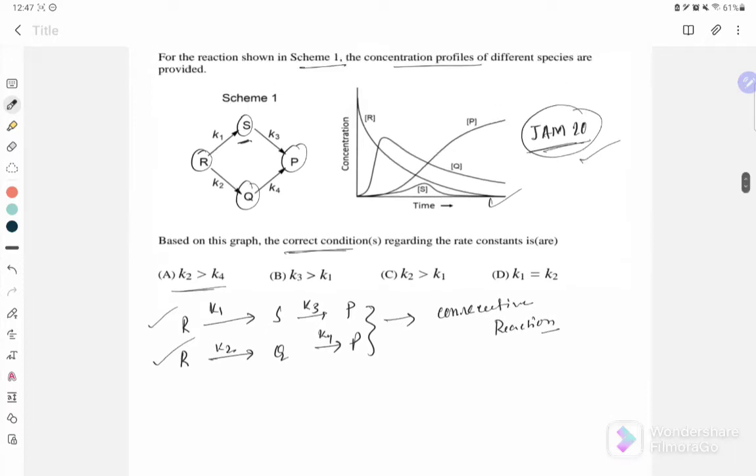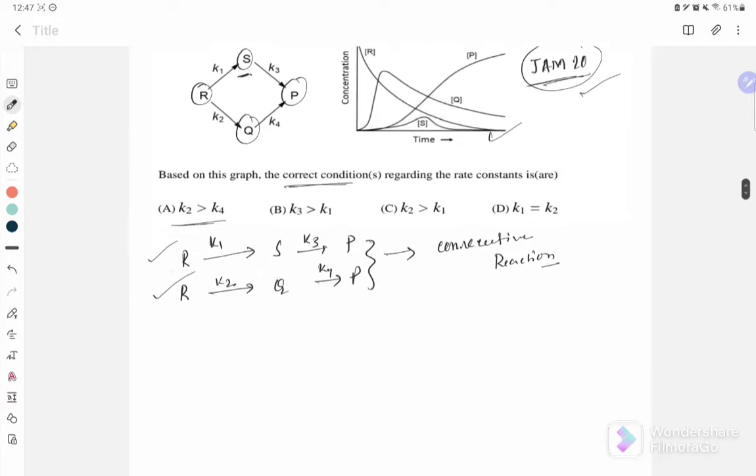And another thing we can tell is that from here S is producing and Q is producing. So here S is K1 and Q is K2. Okay, so we can tell this is also a parallel reaction.